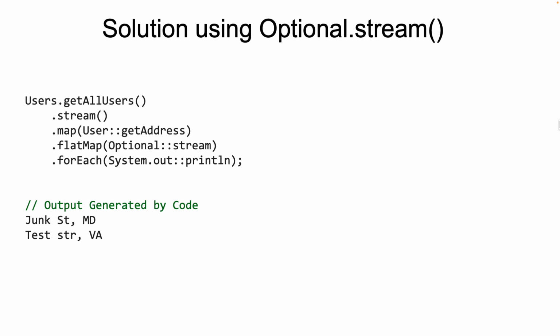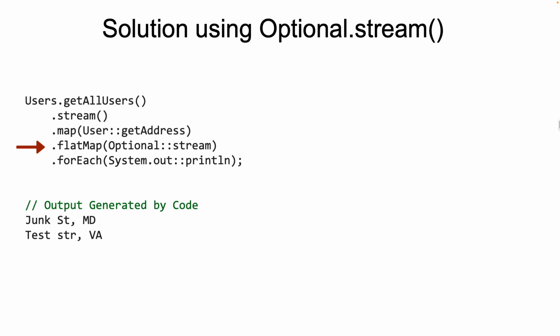However, a shorter way to do this is to use the Optional.stream method along with the flatMap method of Stream. In this case, you see that after using the map method to get a stream of Optional addresses, we use the flatMap method. When we pass the method reference Optional::stream to flatMap, the flatMap will internally call Optional::stream on the Optional String object available from the previous map method call.